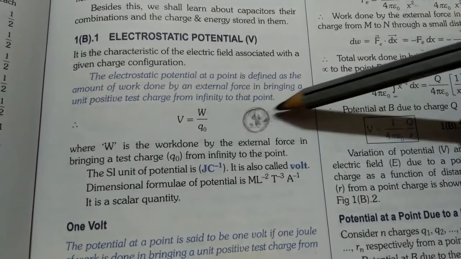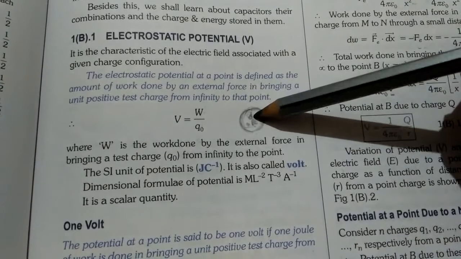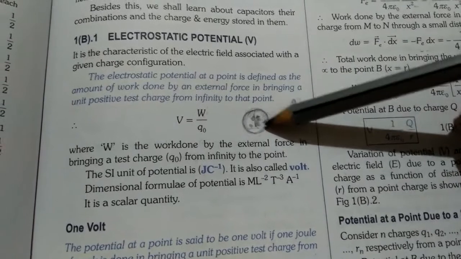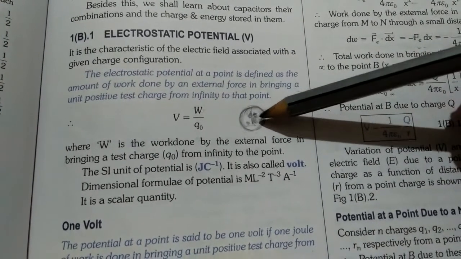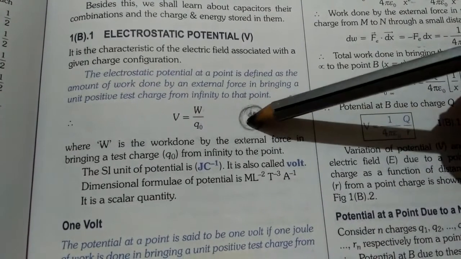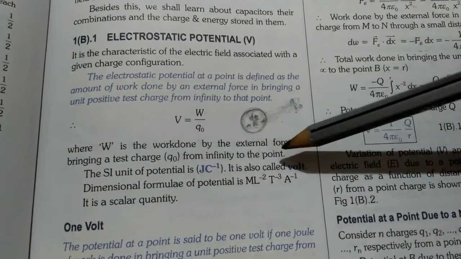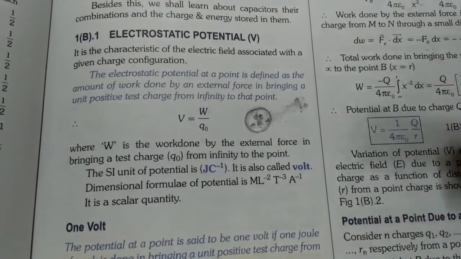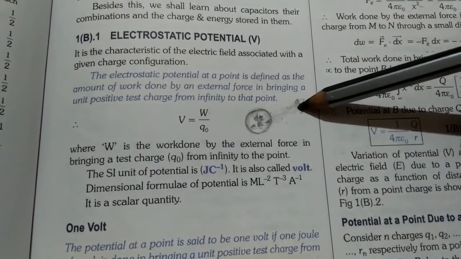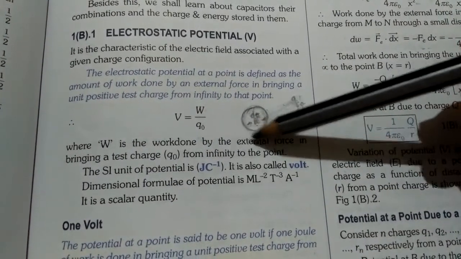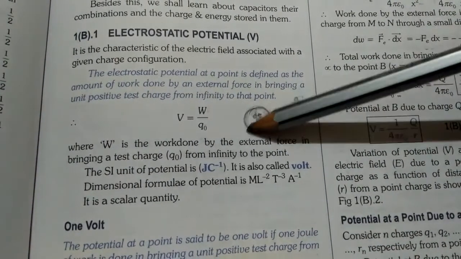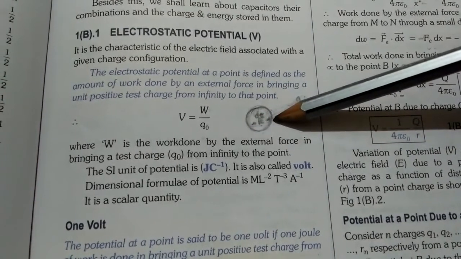But if we want to move this charge to this other point inside the field, we have to do some work, but it is different from the first work. If we move it to yet another point, we again do a different amount of work. That means to move this charge from infinity to any point inside the electric field, we have to do a particular amount of work, and for different points we have to do different amounts of work.